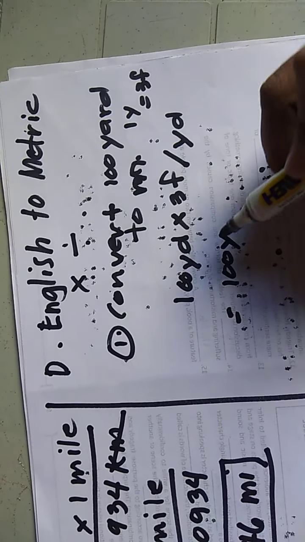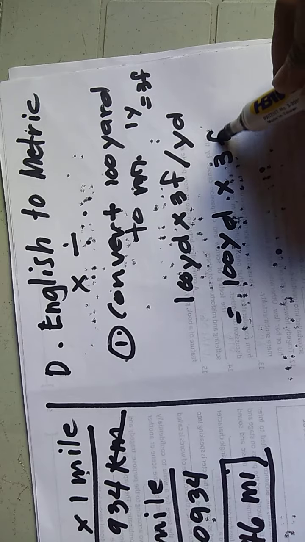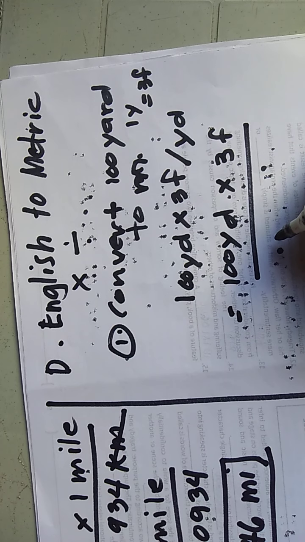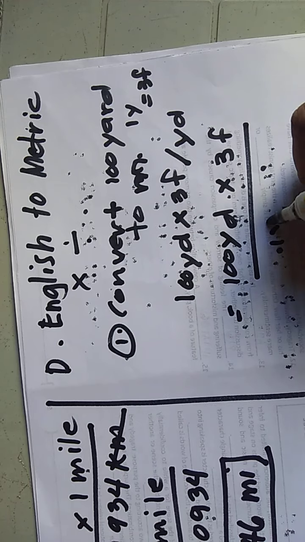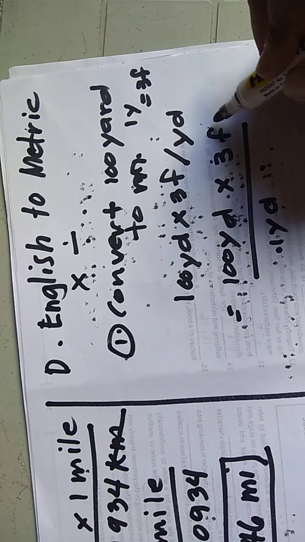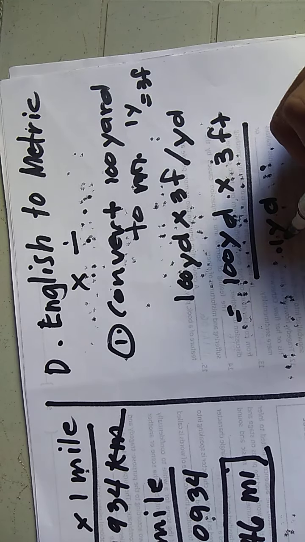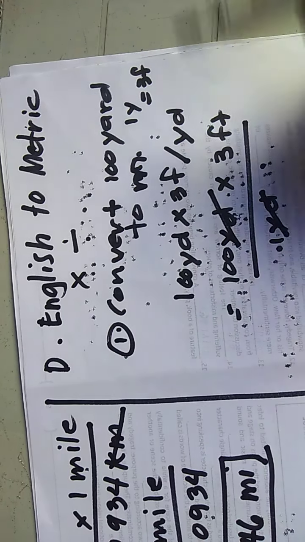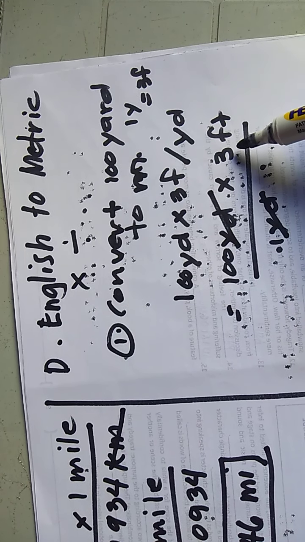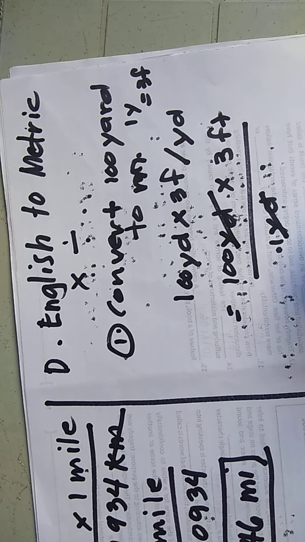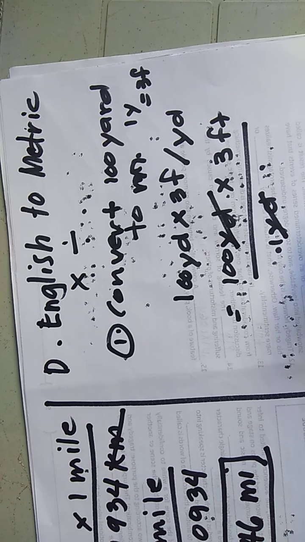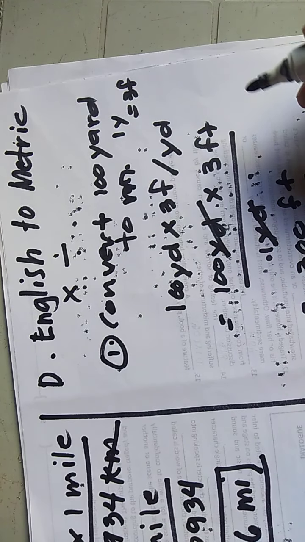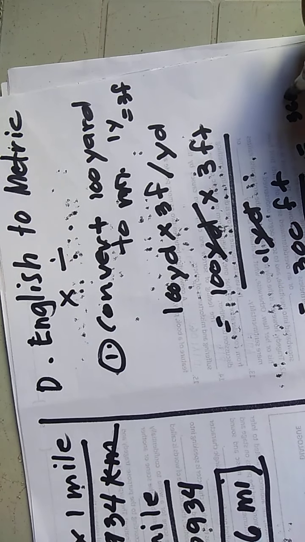So, i-rewrite po natin 100 yard times 3 feet divided by 1 yard. Okay? So, from the rules of conversion, we have to cancel the same unit. Then, 100 times 3 feet is equals to how many? 300 feet divided by 1, and the answer is 300 feet.